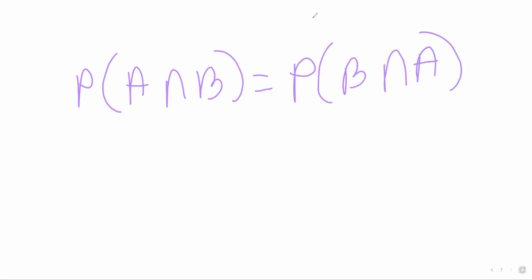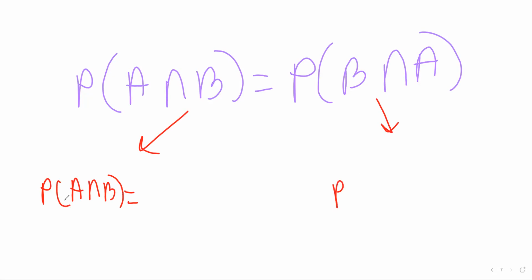So both are exactly the same. So we can actually form two different equations from here. So we can write probability of A intersection B is equal to probability of B intersection A.